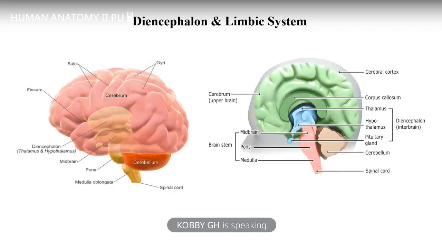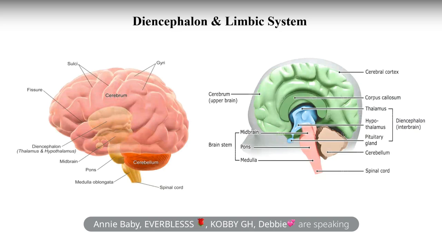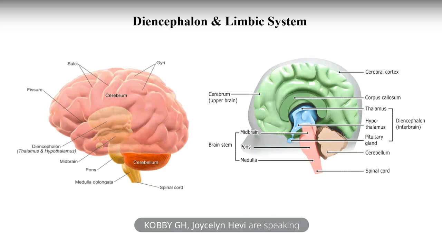A, diencephalon. B, mesencephalon. C, upper brain. Why is it upper brain? Yes, this shows that you are concentrating. The cerebrum is also known as that.